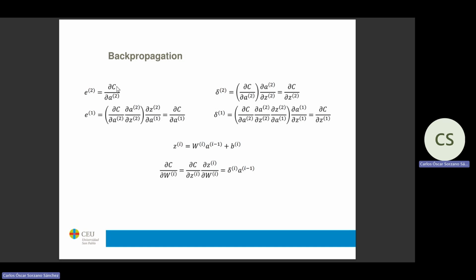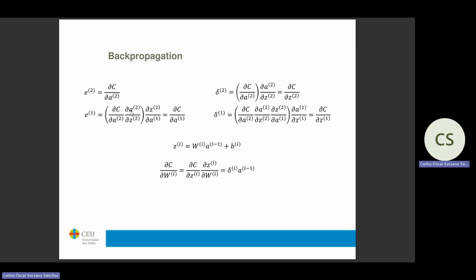The derivative of the cost with respect to the activation vector of the second layer is E2, and E1 will be the derivative of the cost with respect to the activation vector in the first layer.